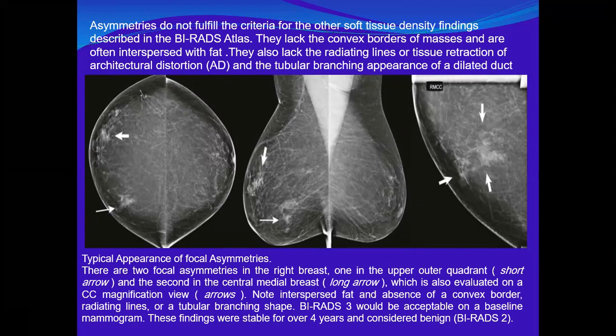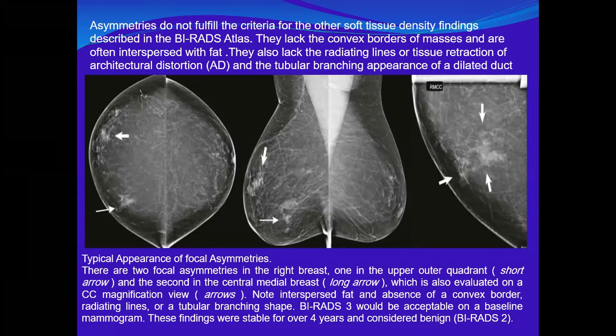And it was reported as BI-RADS 3. And on follow-up, it was stable. Then it will be reported as BI-RADS 2, if the densities are stable for 2 years or more. In this case, it was stable for 4 years, so consider it BI-RADS 2.